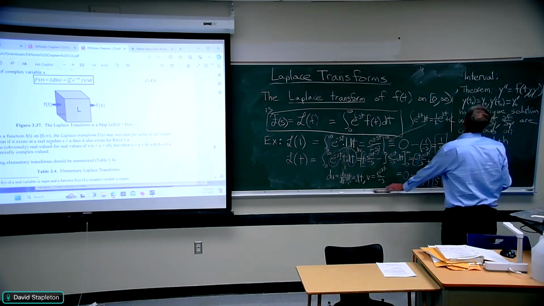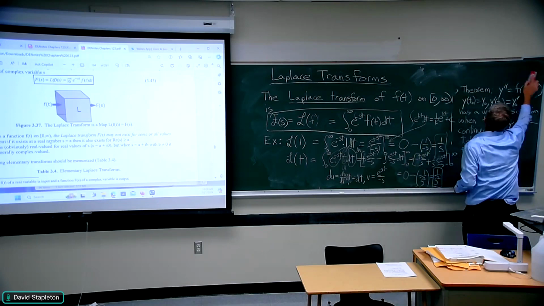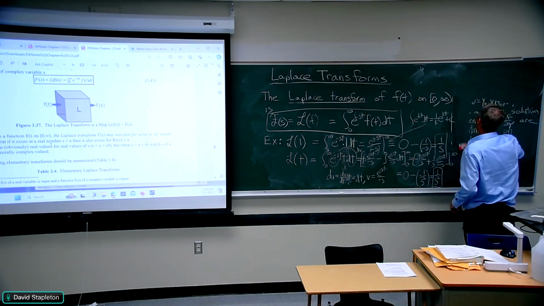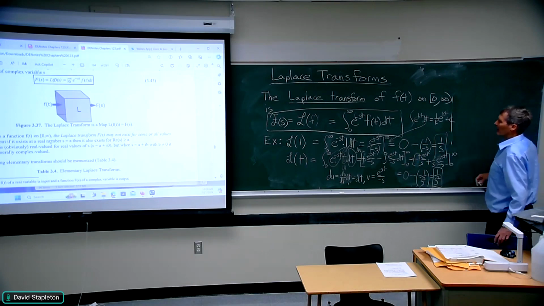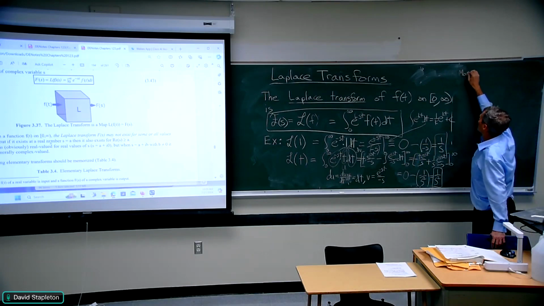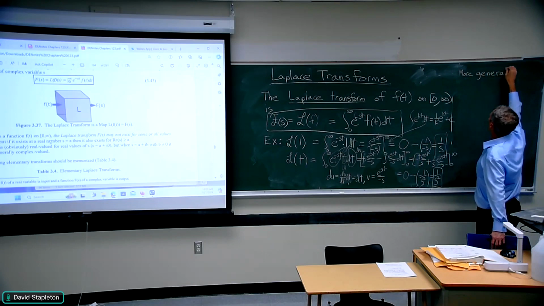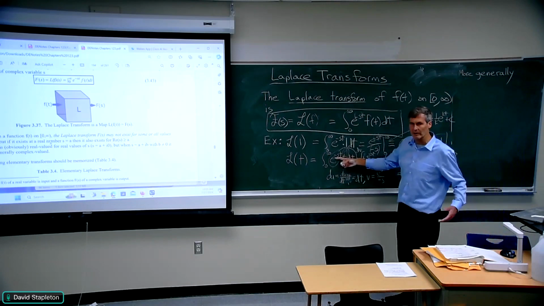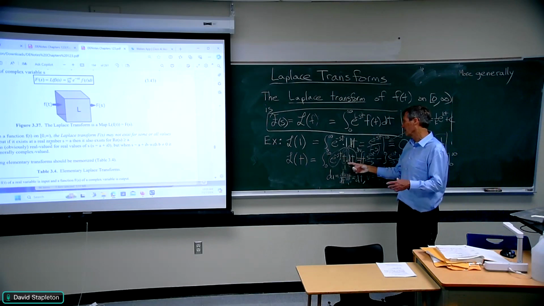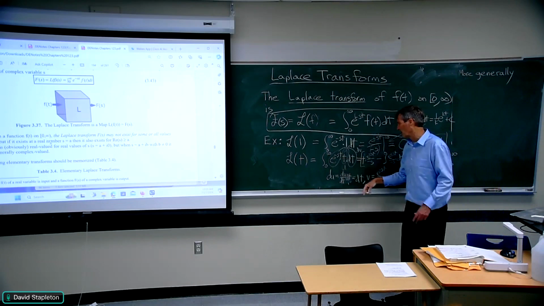Well, you can do this to higher powers too. Powers come up a lot in all sorts of applications. And so more generally, if you keep using integration by parts, for instance, if you wanted to take the transform of t squared, you'd have to use integration by parts twice. Each time you do integration by parts, it brings the power down once.